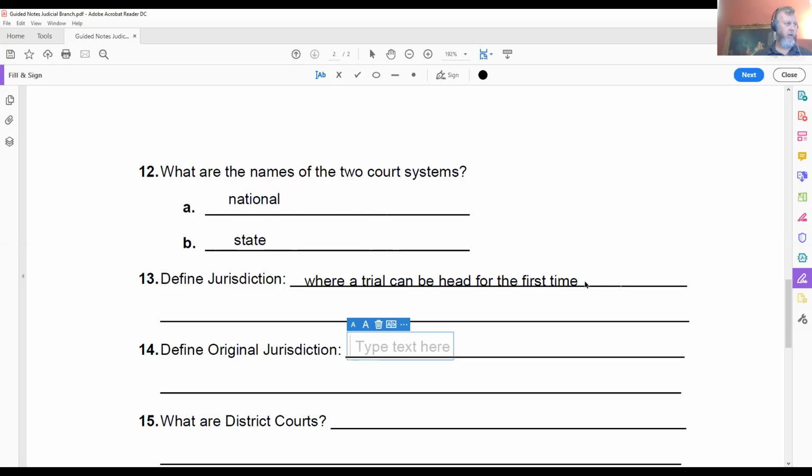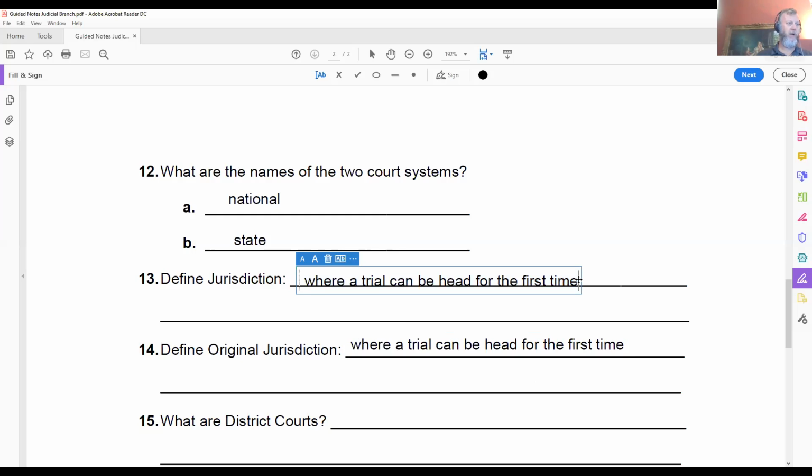Where a trial can be heard, sorry. Let's fix this one here real quick. All right, so original jurisdiction is where a trial can be heard for the first time, period.